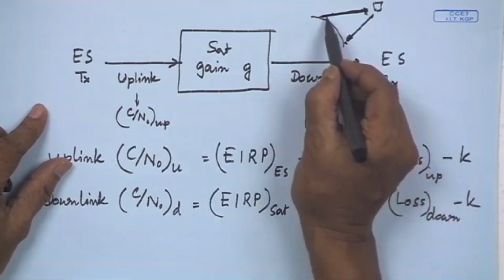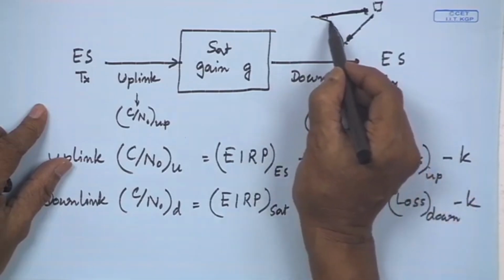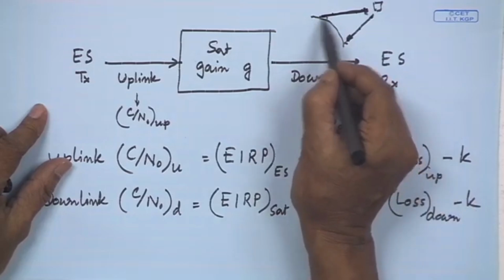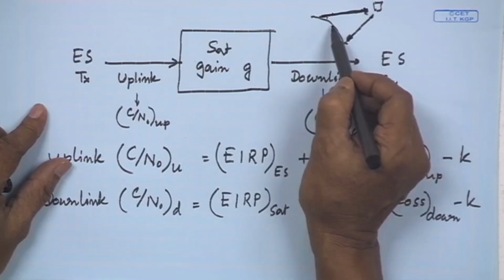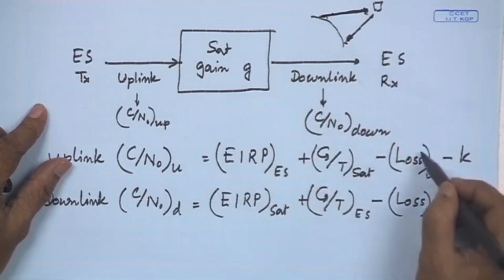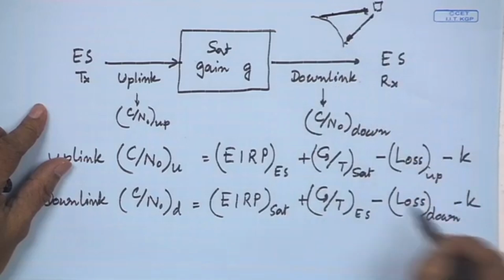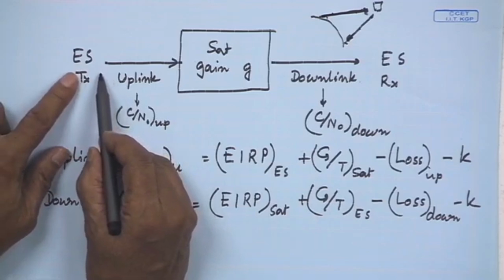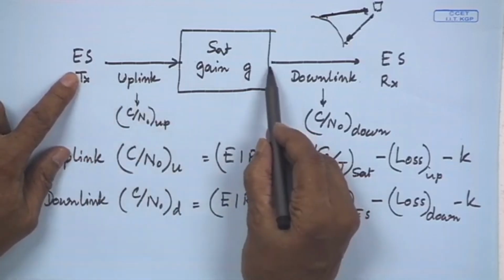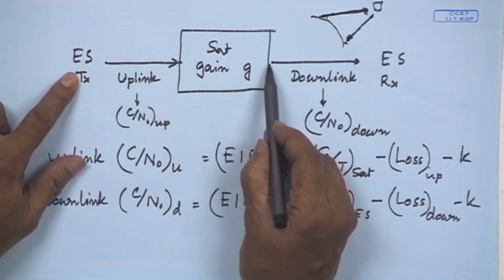Even if the earth stations are co-located, side by side, there will still be a difference, because the distance may be the same, but if the uplink and downlink frequencies are different, the losses will be different, remember. Similarly, a station's antenna diameter and transmitted power are different from the satellite's transmit power and antenna.